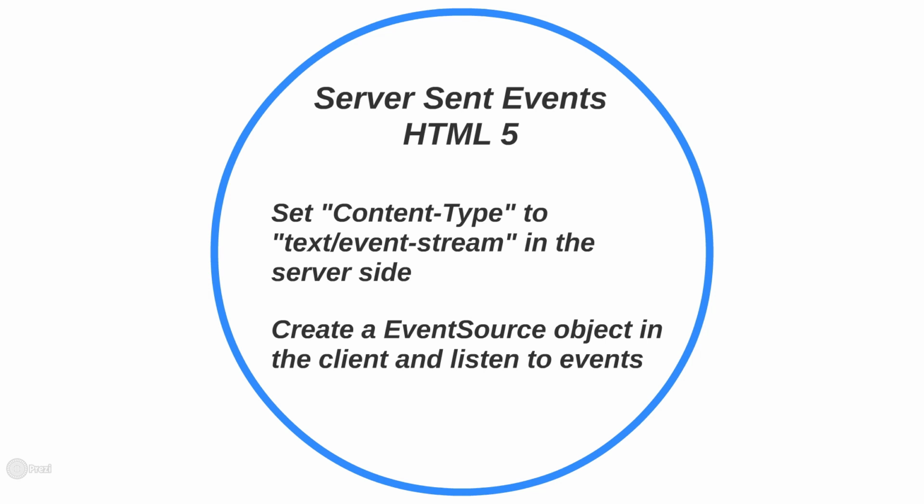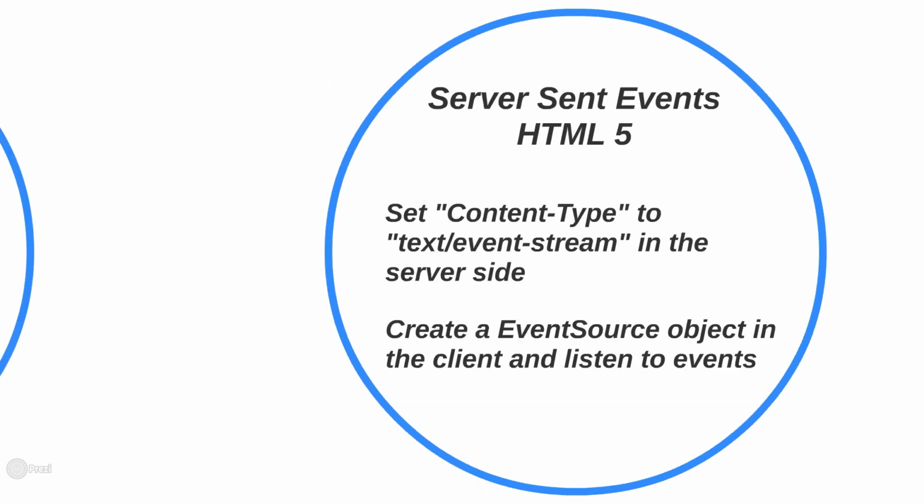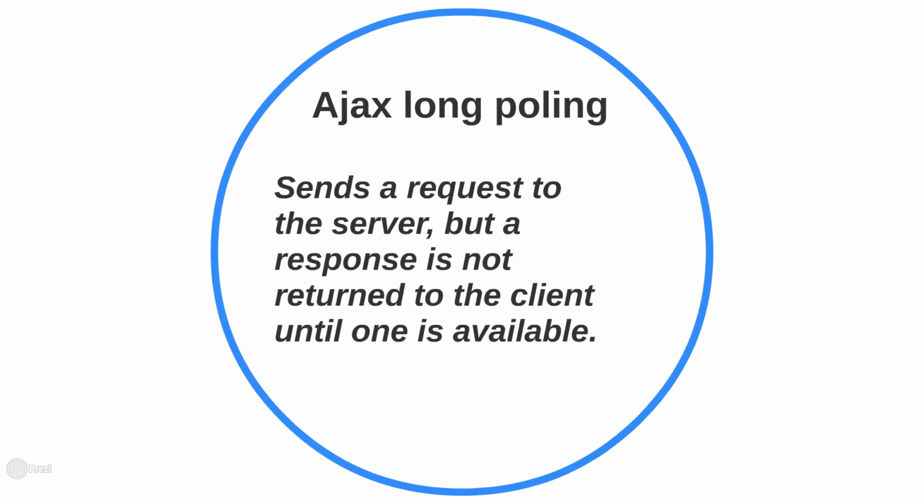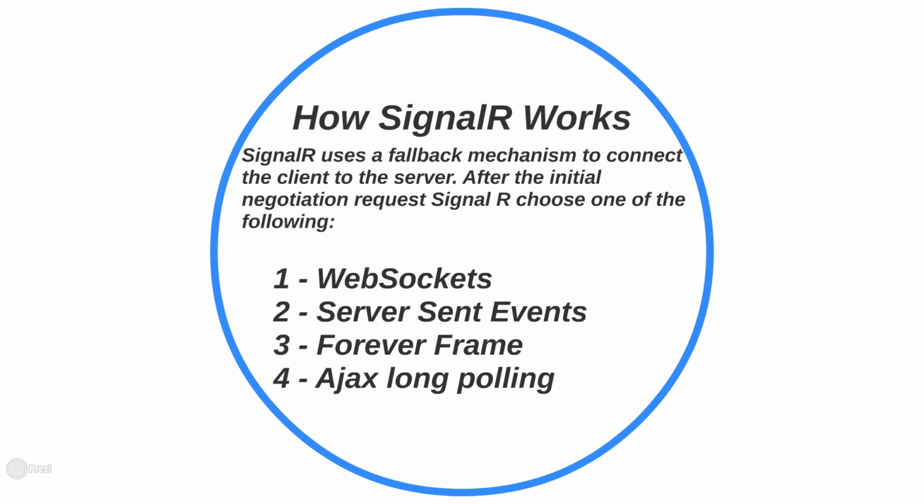Server events were introduced with HTML5, and you change your content type to event stream, and then you can start listening to data sent back from the server, and then you can do something. This is the weird thing, and I never actually used it, but I heard that Facebook was using it.